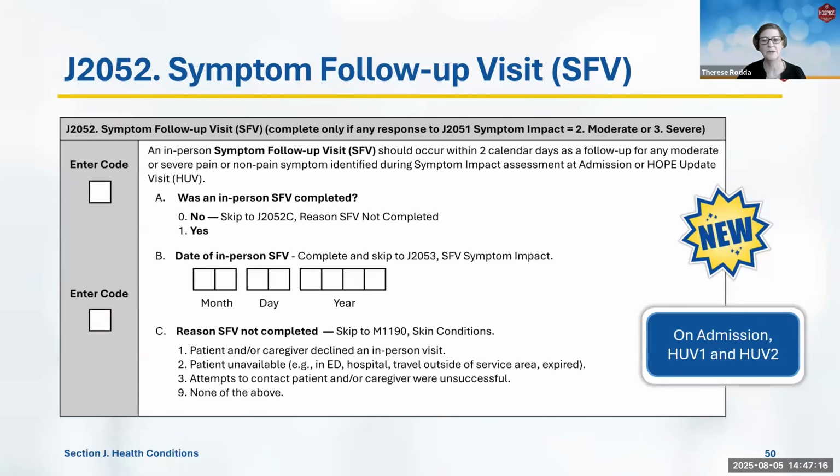If a moderate or severe symptom impact is identified on admission, HUV1 or HUV2, in item J2051, the RN or LPN/LVN should return within 2 calendar days to follow up on the moderate or severe symptom identified. If no moderate or severe impact is identified in J2051, there is no need for the symptom follow-up visit to collect J2052.